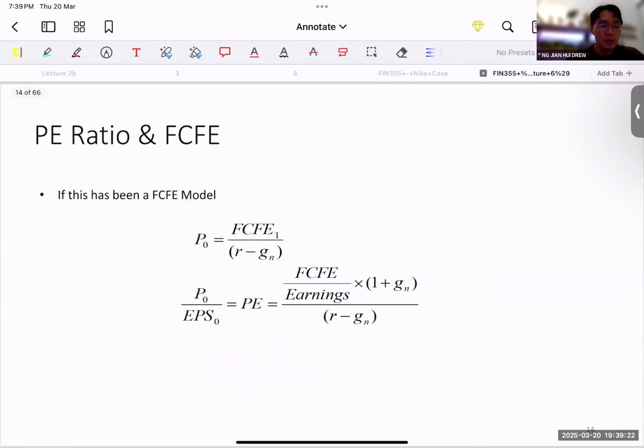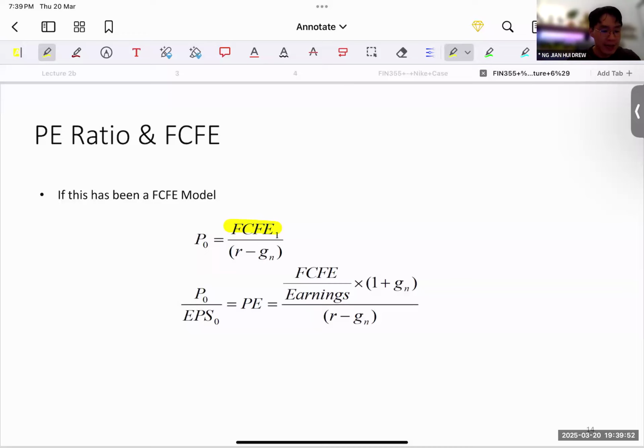For your PE, you also can use the FCFE model to calculate your justified PE ratio. Similarly for FCFE, we start off with FCFE, and this one of course is more your terminal value, your FCFE in terminal sense, which you treat as a growing perpetuity.